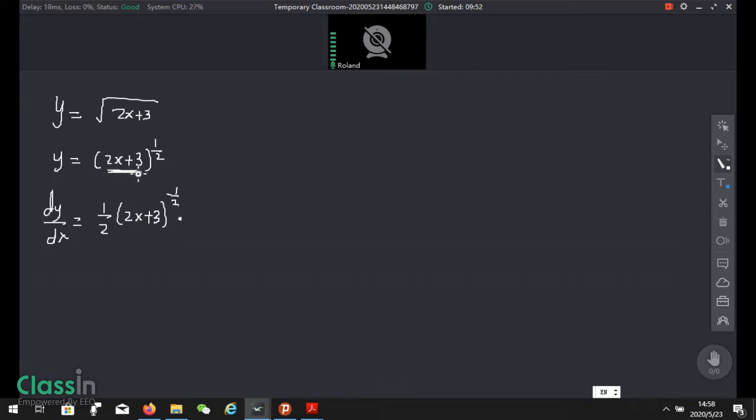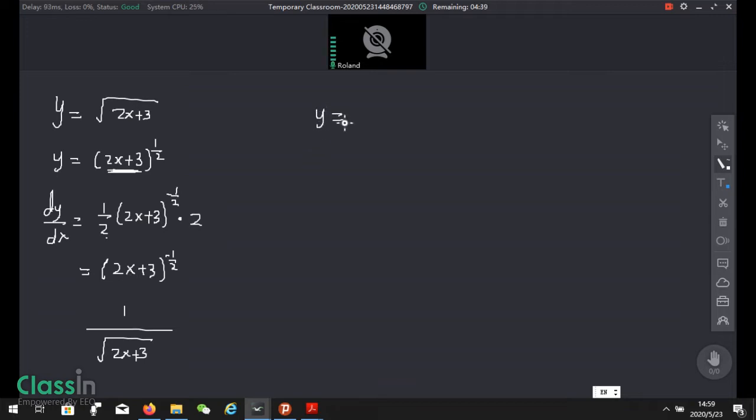If we differentiate 2x plus 3, we have 2. So 1 over 2 times 2 is 1. So we got (2x plus 3) to the power negative 1 over 2, or simply 1 over the square root of 2x plus 3. You can use the chain rule to check your answer. You get the same thing.